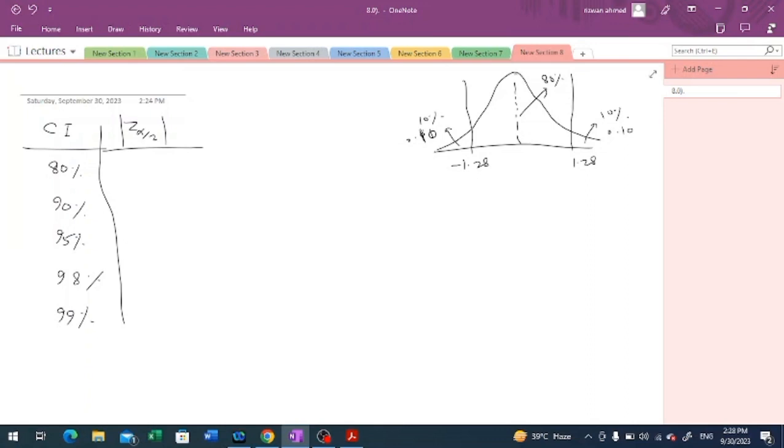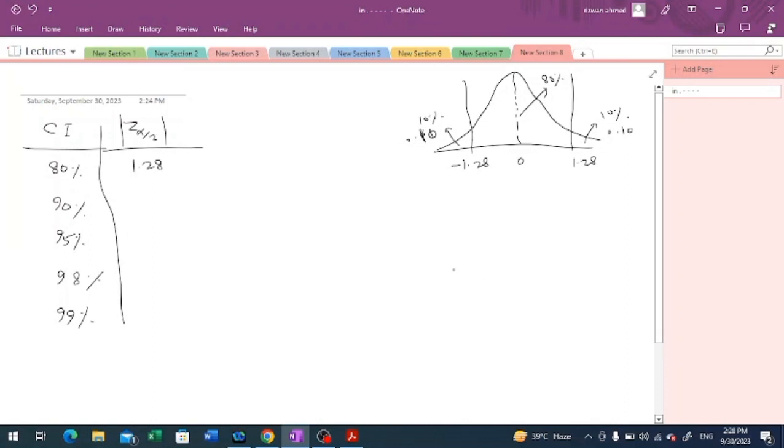Why? Because 0 exists in the center of the bell-shaped curve if we refer to this bell-shaped curve for z distribution. So ignoring the signs of plus and minus, because we are writing it down in absolute terms, we can code this value as 1.28.